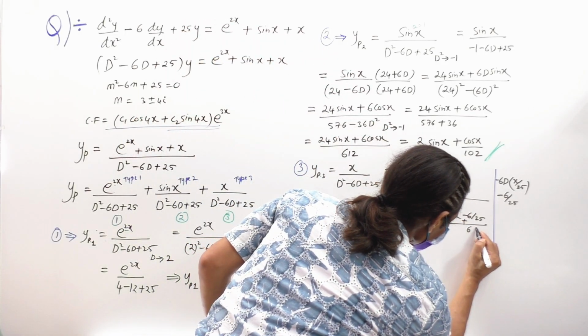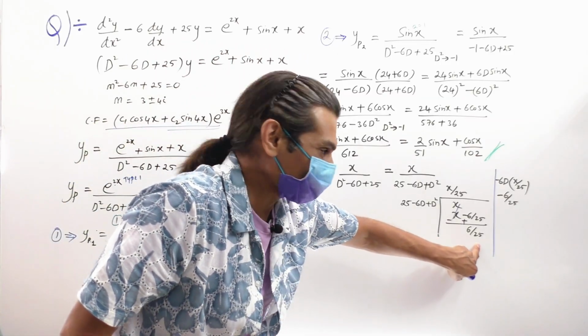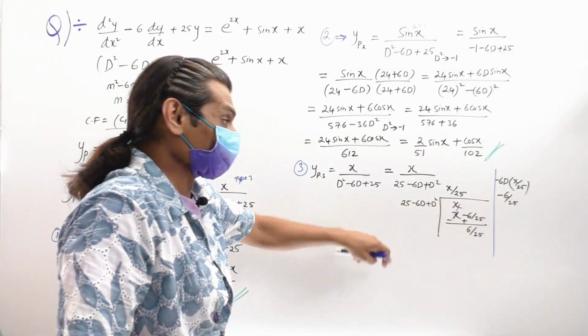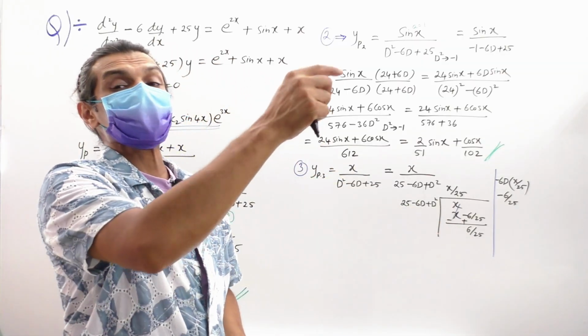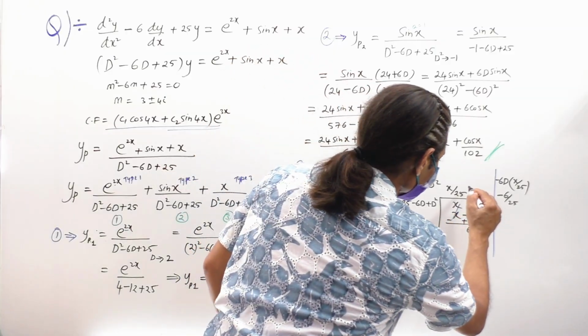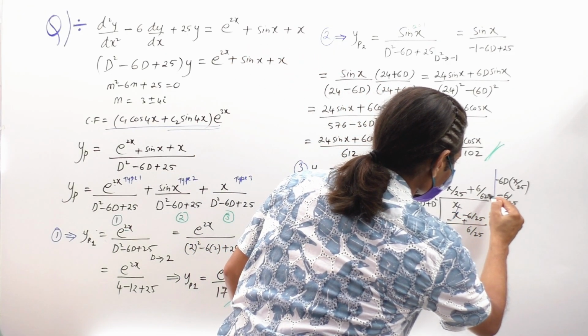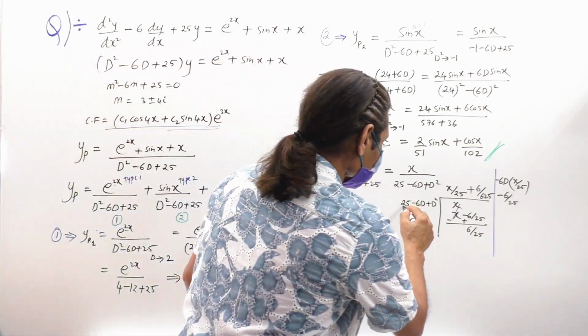Again 6 by 25. To remove 6 by 25, again first term by first term: 6 by 25 divided by 25 is plus 6 by 625. Am I right? 25 times 25 is 625.